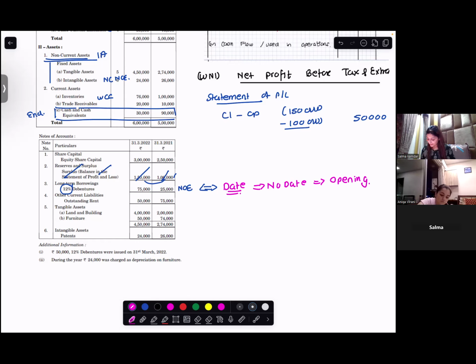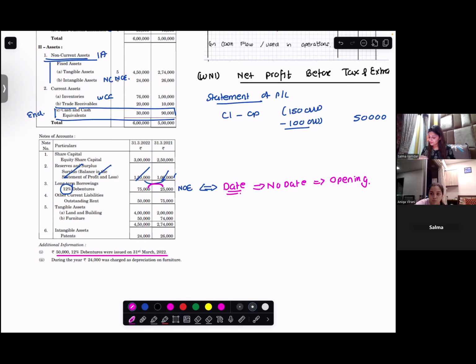Here they have told you 50,000 debentures were issued on 31st March 2022. The increase is also 50,000. It was issued on the last date.